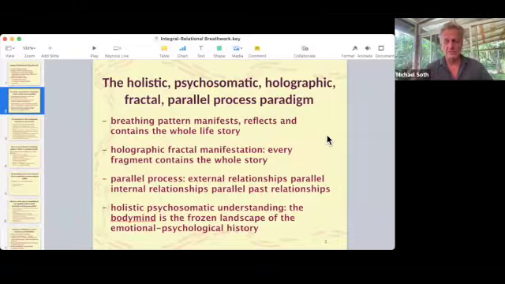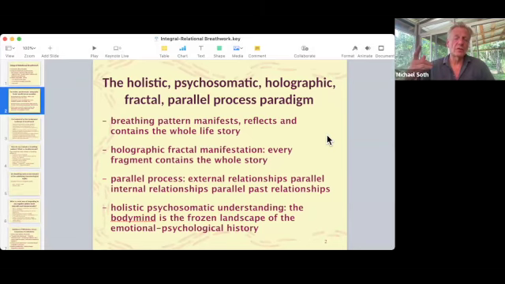All of that, we're assuming, is manifest in the breathing pattern. So if you're a breathworker, a therapist working with the breath, you have the person lying there, and rule number one for applying that principle is that the whole life story is manifest in this breathing pattern. That also means that every fragment of the breathing cycle contains the whole story. All of that becomes more tangible, more manifest, when you are making contact.